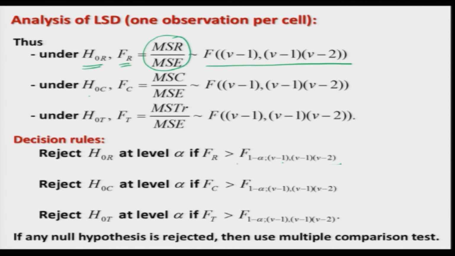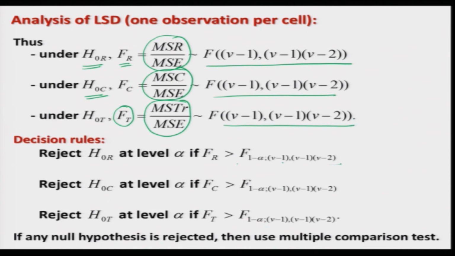Similarly, under H naught C, you take the ratio of mean square due to columns and mean square due to error, and in the case of treatments you have the F statistic F_T, which is the ratio of mean square due to treatments and mean square due to error. Each of these statistics follows a central F distribution with degrees of freedom v minus 1 and (v minus 1)(v minus 2).